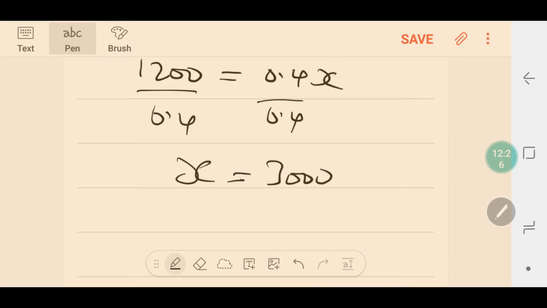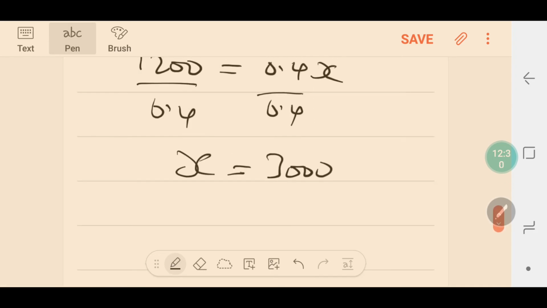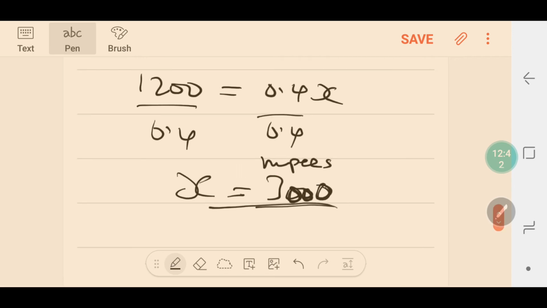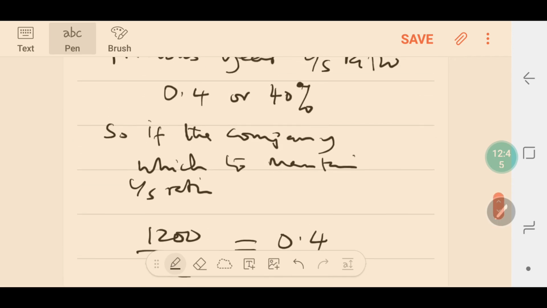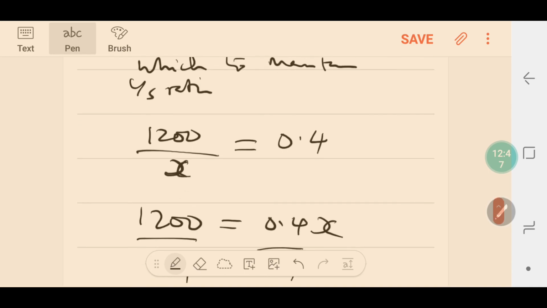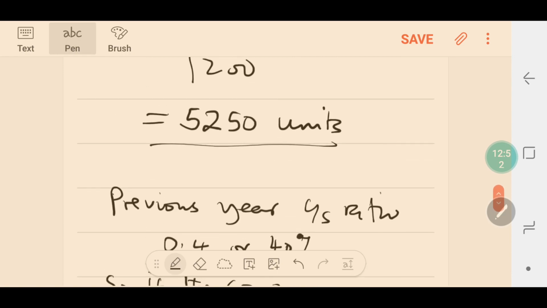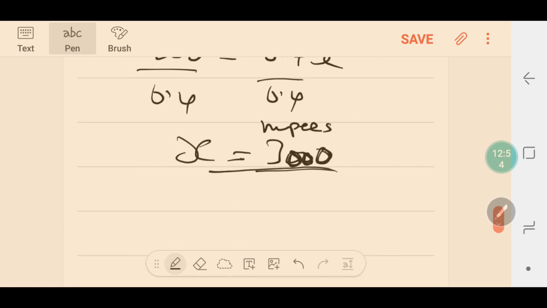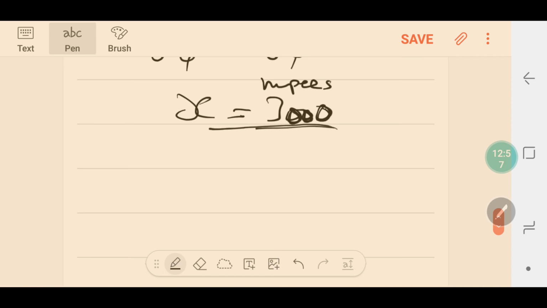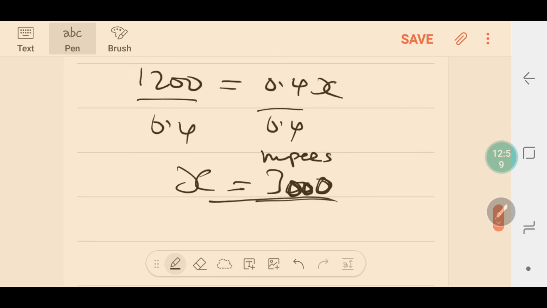If we wish to maintain the previous CS ratio, the company must charge 3,000 rupees in order to maintain the previous year CS ratio of 40%, because the CS ratio of 3,000 rupees is 40%.